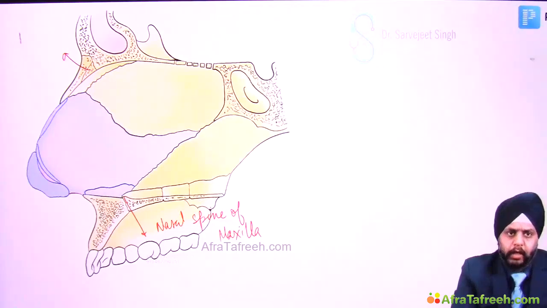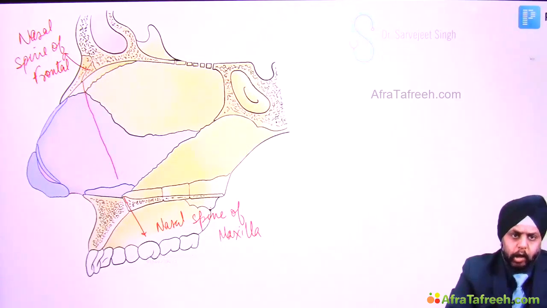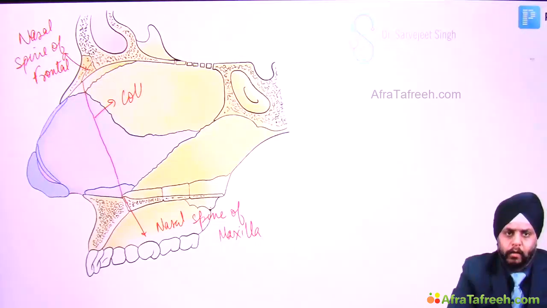This bone over here is the nasal spine of frontal bone. Now if I draw a straight line from the nasal spine of frontal bone to the nasal spine of maxilla, this line is known as Cottle's line.